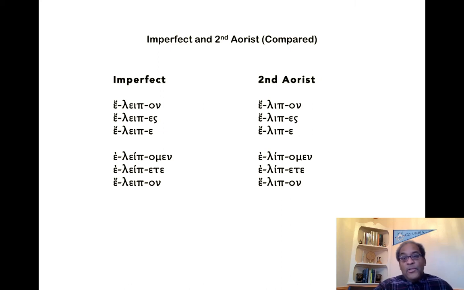The second aorist shows the simpler and shortest verb stem, in this example of leipo just lambda short iota pi, whereas the imperfect will show the same verb stem as the present, here lambda epsilon iota pi. That's the difference. Not much of a difference, but it just shows how important it is that you recognize your different verb stems.